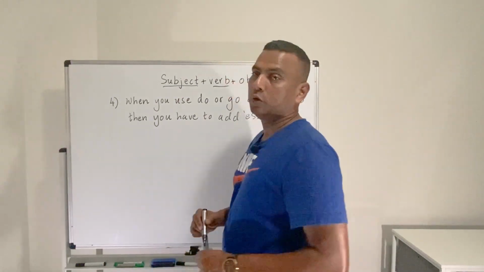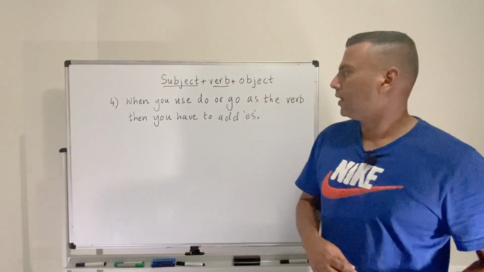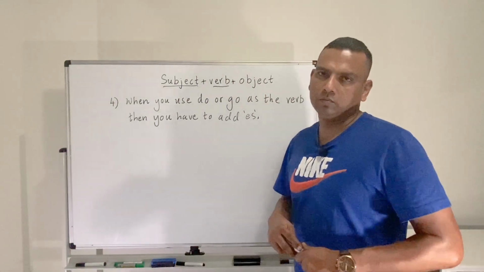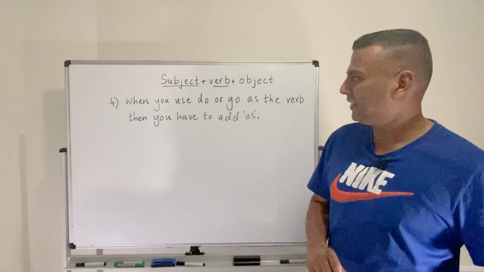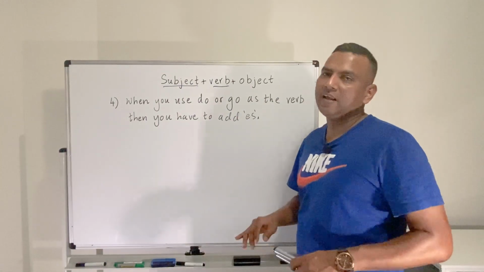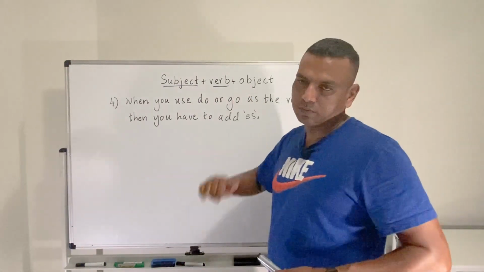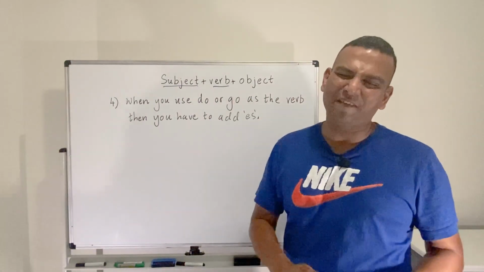So if you're using either go or do as the verb of a sentence of this nature, then to effect this modification you have to add es.